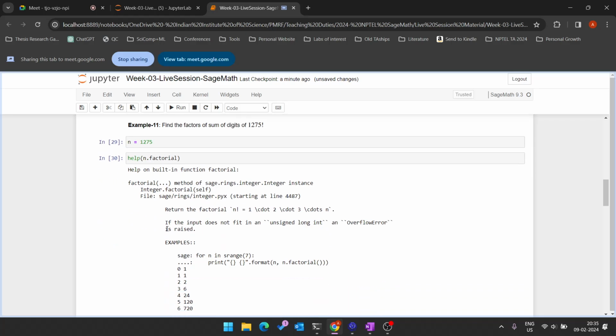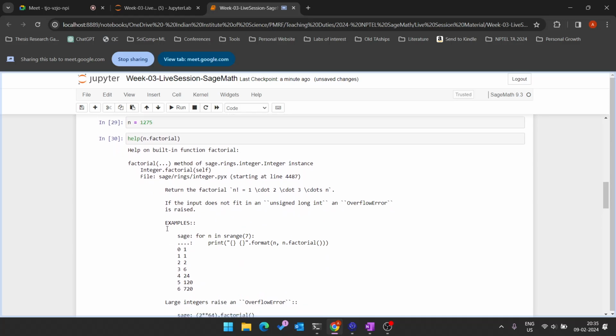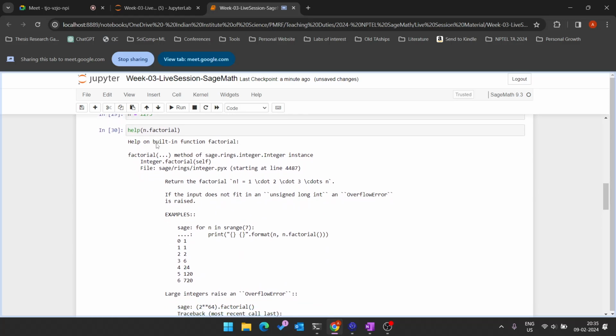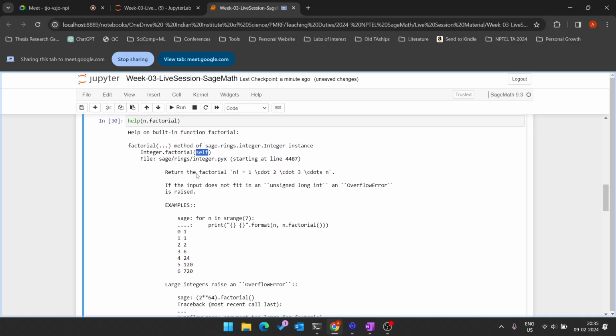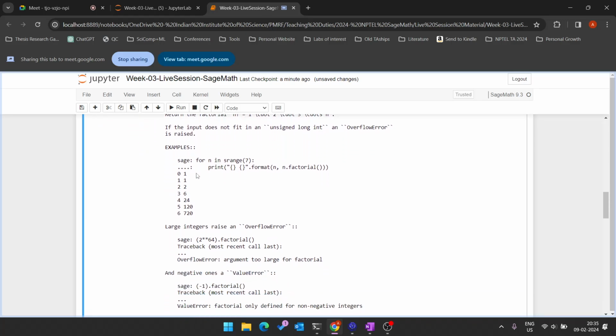Okay, so the help function, it's a factorial function. It's a method of sage rings integer dot integer, which is what we have, and it's used as integer dot factorial self. So you just write integer dot factorial with close brackets, and that is what you get.